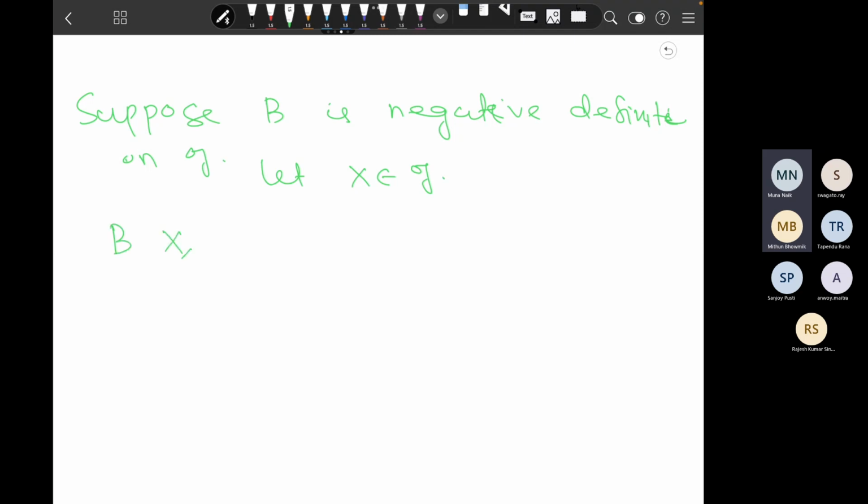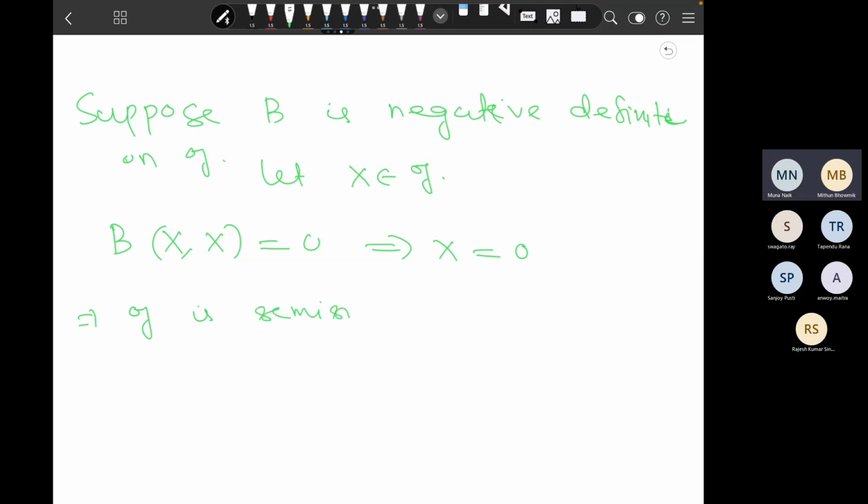If B(x,x) is equal to 0, this will imply that x is equal to 0. Okay. So this implies 𝔤 is semi-simple. This is trivial, I think.